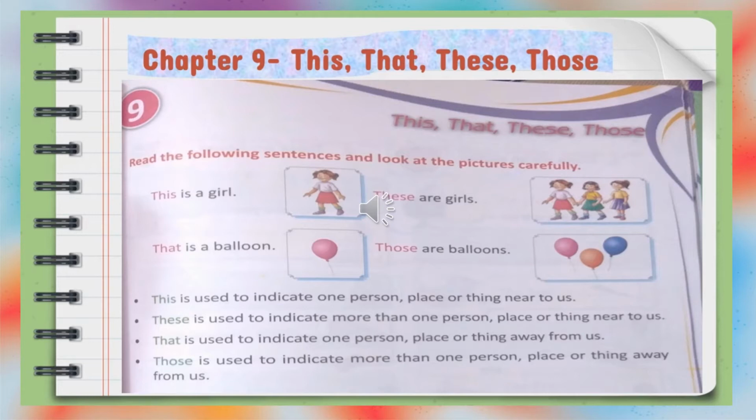Here, this is used to indicate a person, a place or thing which is near to us, which is closer to us, which is at a touching distance.